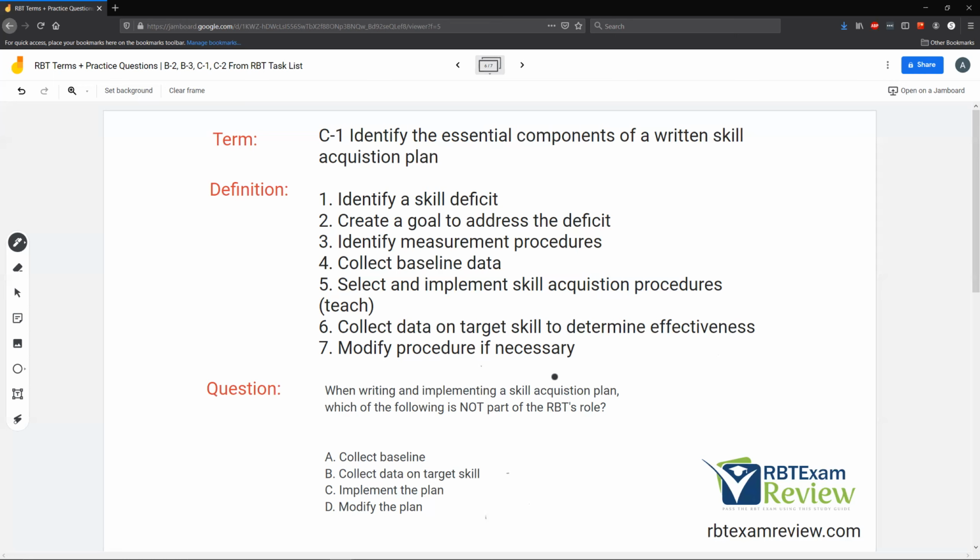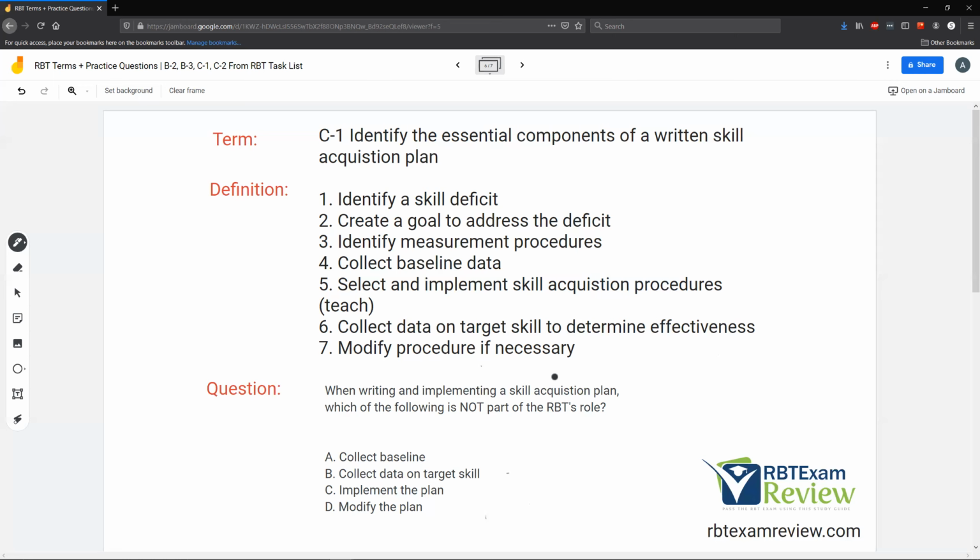Don't overcomplicate this part. Just know that you start by identifying a skill, and then the last step would be modifying it if necessary. Everything in between is very straightforward. Pick a skill, get a goal, how are you going to measure it, baseline, implement, and then modify.